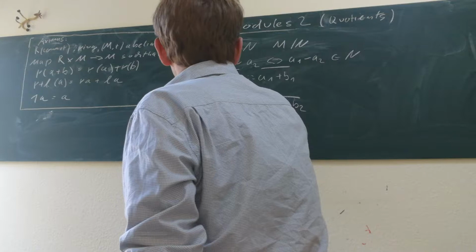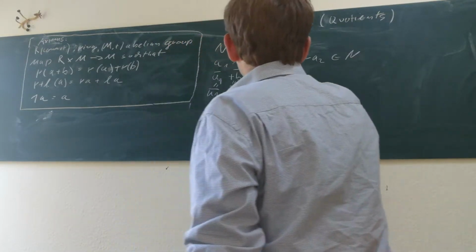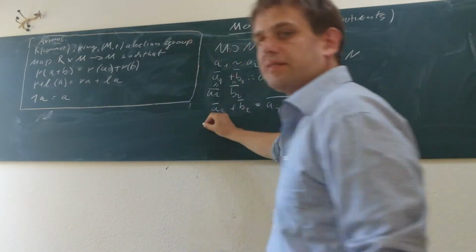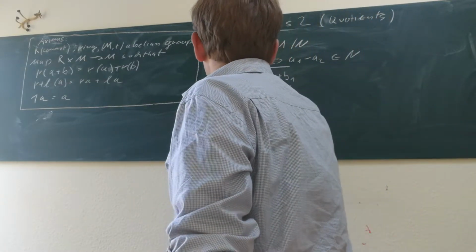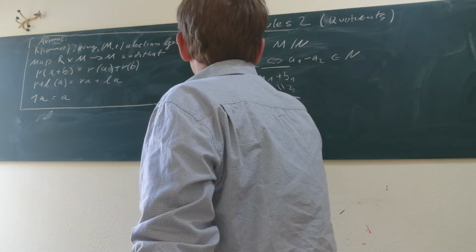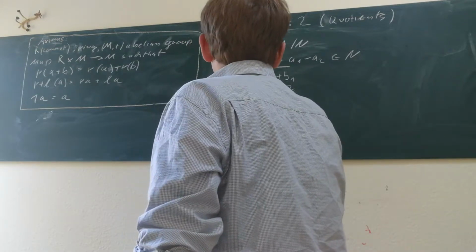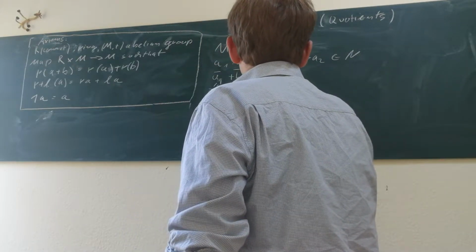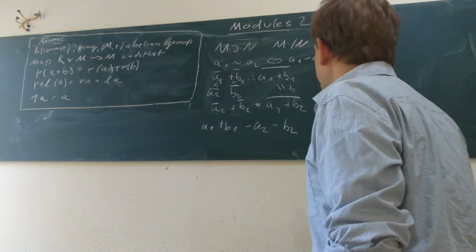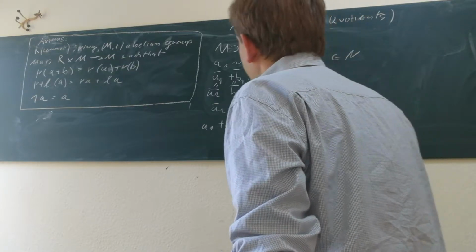But this is easy to see. So this is what we are asking, is this the same? Well, what we need to check is the following: A1 plus B1 minus A2 minus B2. Is this an element of N?